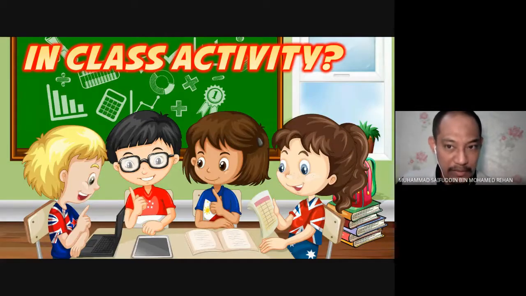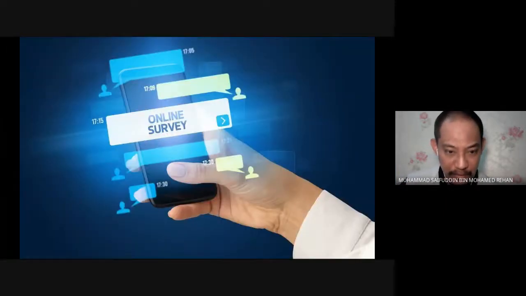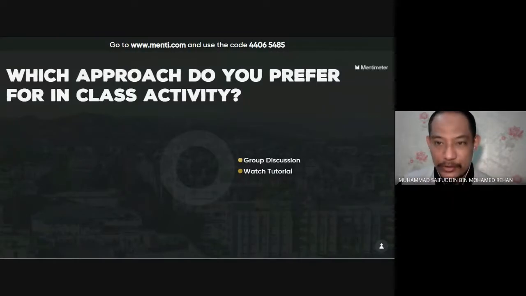Now, the first thing is this. I would like your feedback in terms of what you would prefer to be the main mode of the in-class activities, meaning that during the class, what will happen, right? Basically you have two options here.